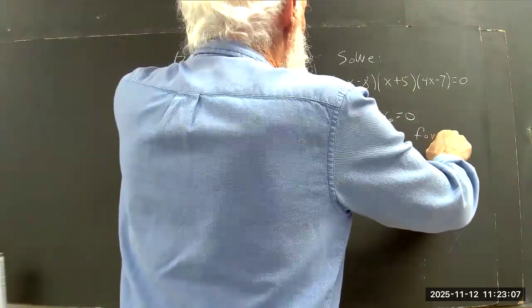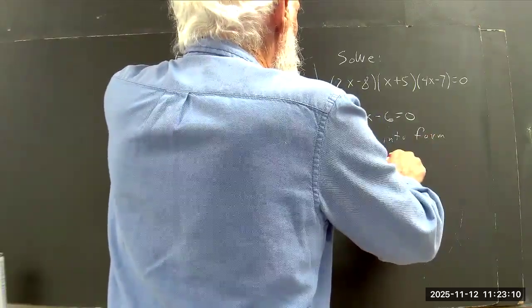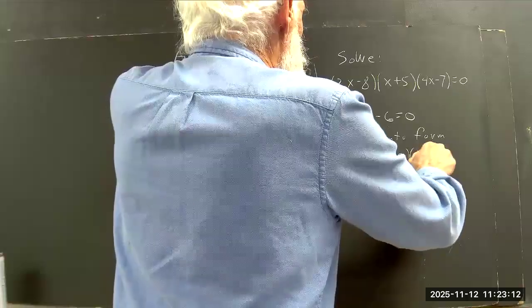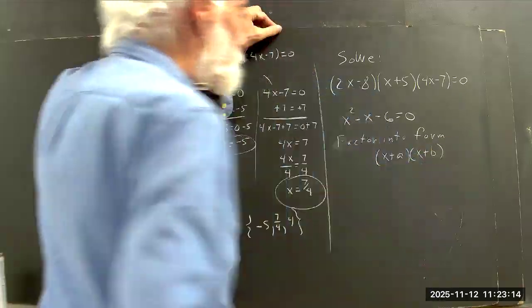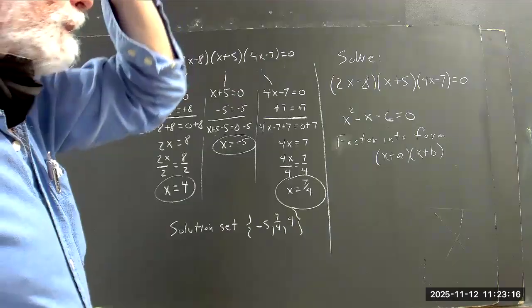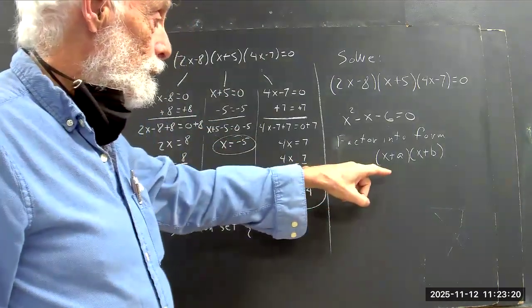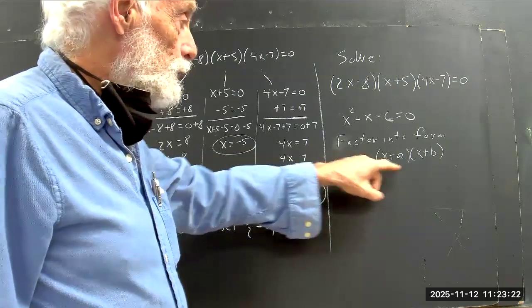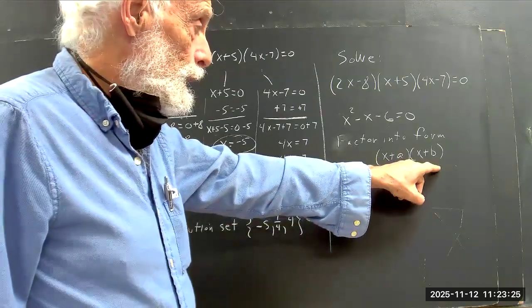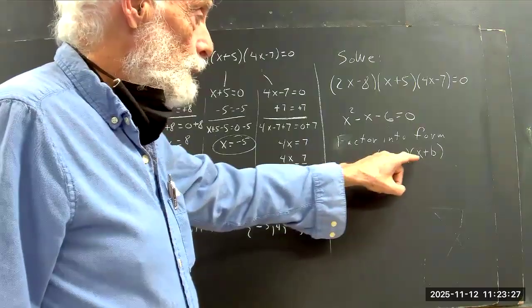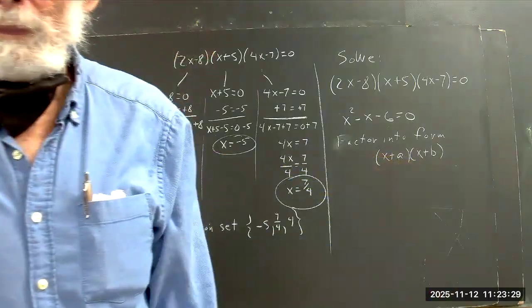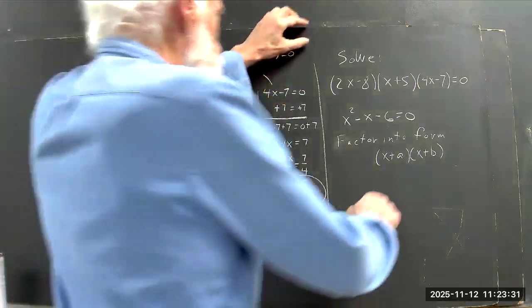We factor this into the form x plus a times x plus b. Now, if we do that, and if you remember the distributive law, we're going to multiply x by x plus b, and then we're going to multiply a by x plus b. And that's going to give us, well, I'll do it.